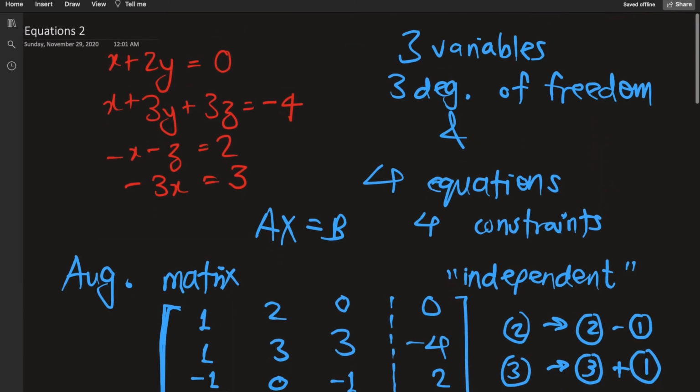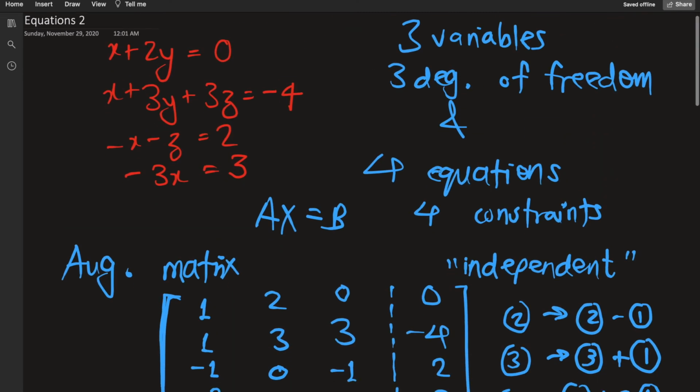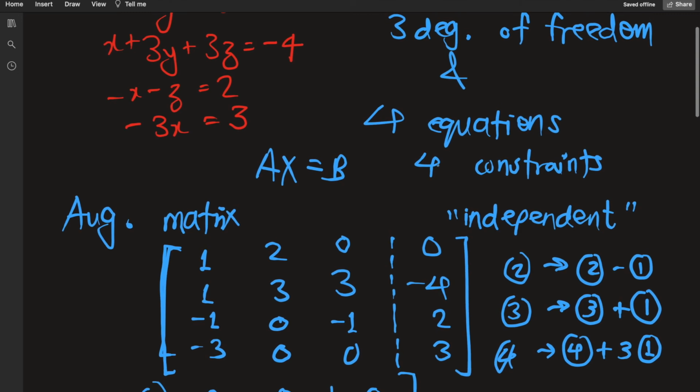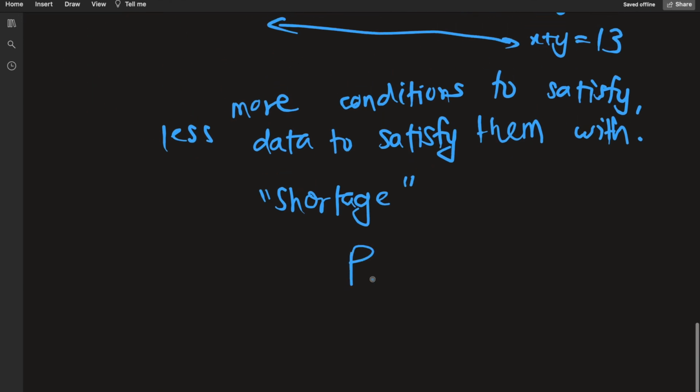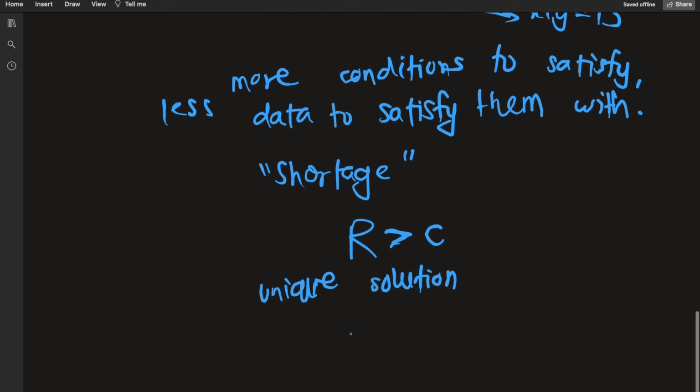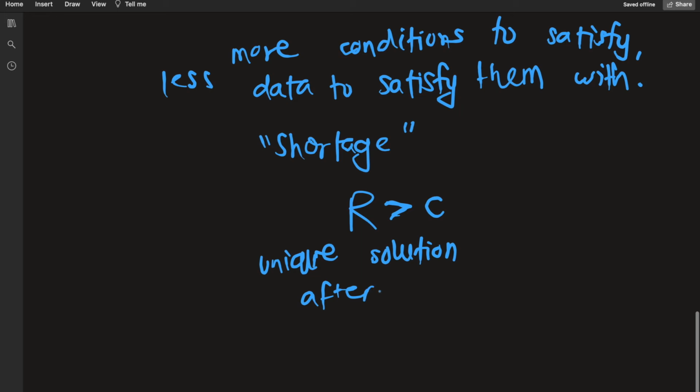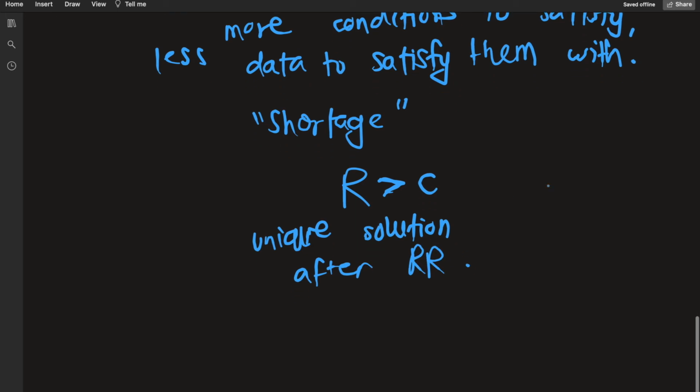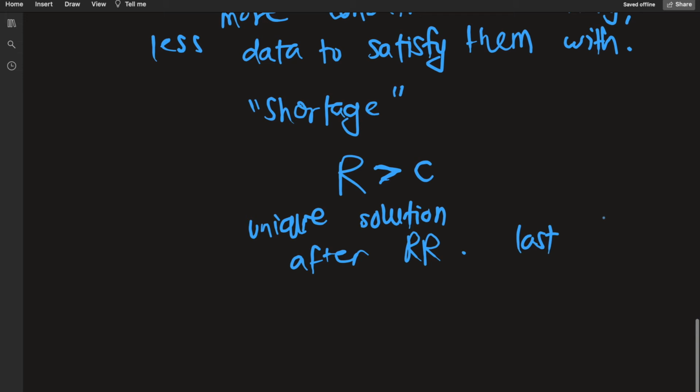So in cases like this where the rows are more than columns, the R greater than C case that we discussed in the previous videos, for a unique solution, after row reduction, the last rows, in this case it was 1 row, but we can have many, should be 0 completely.